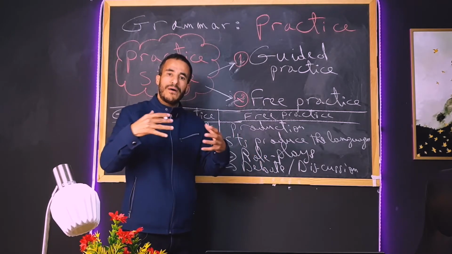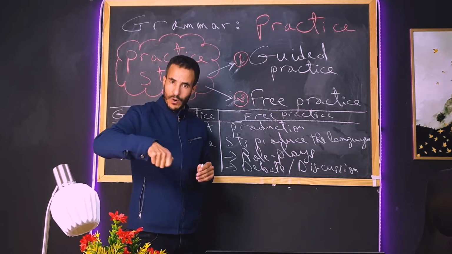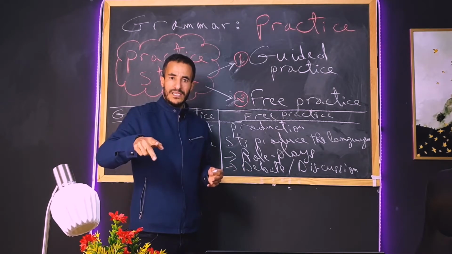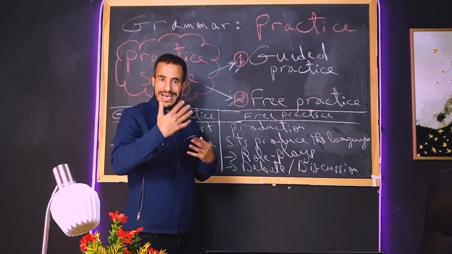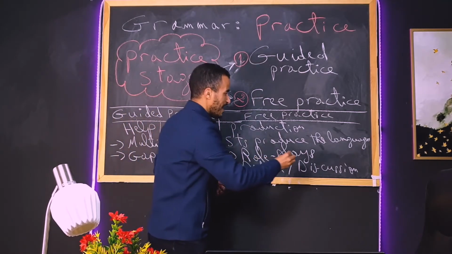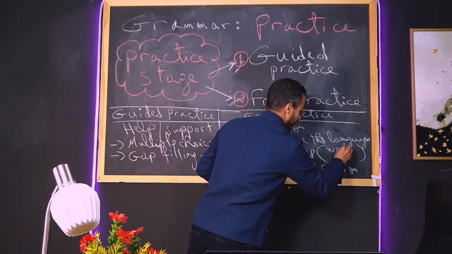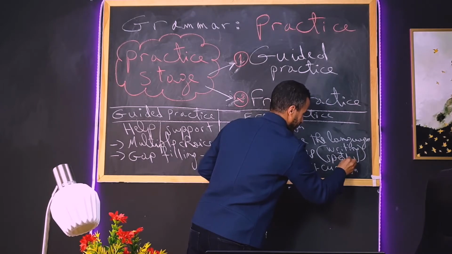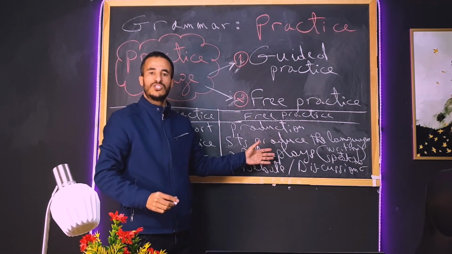So here we combined, we integrated the two skills. Number one, they are going to write in groups or in pairs, and after that they have to report, which means they have to go to the board and to practice. And here we have got the two. It is writing plus speaking. And we call this skills integration.